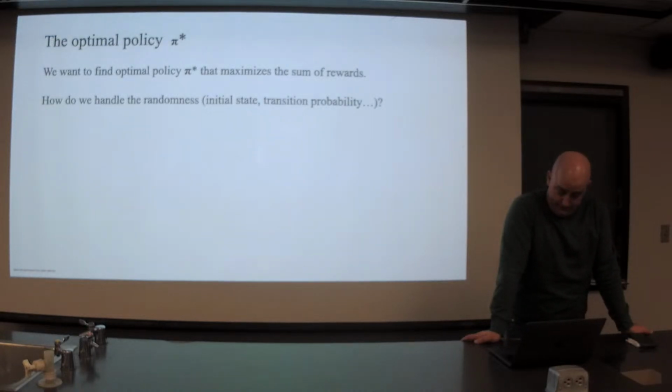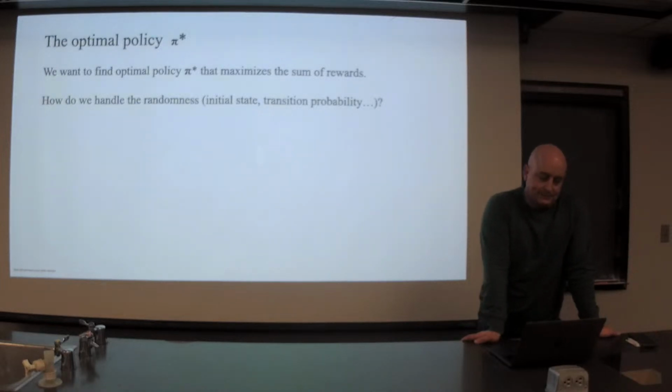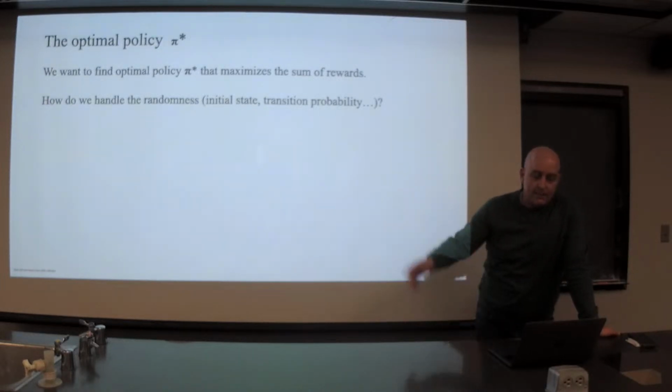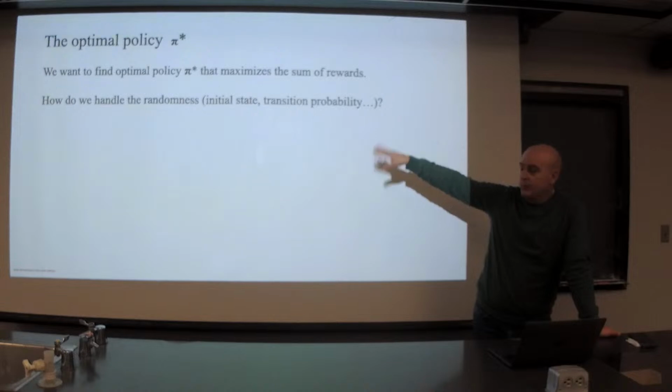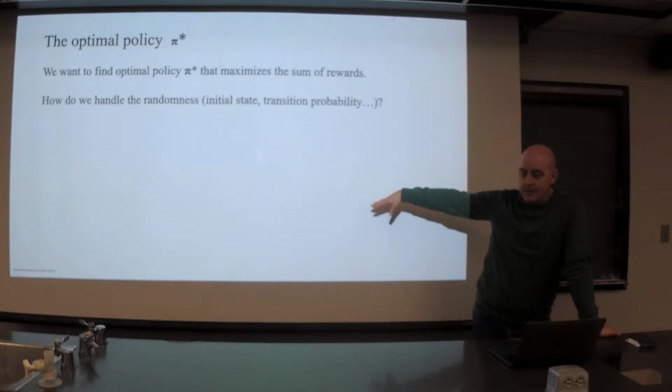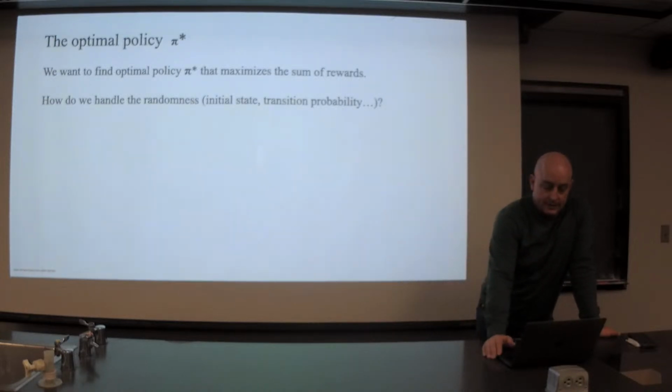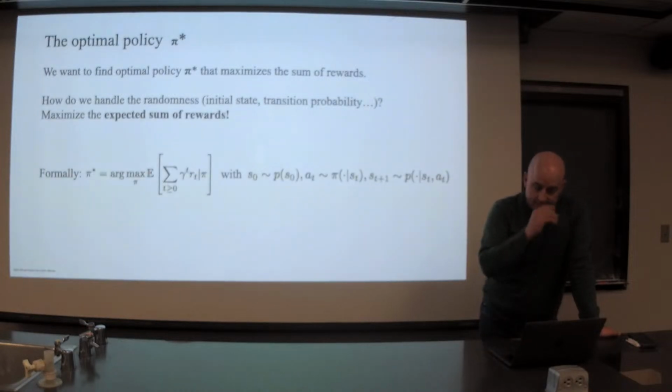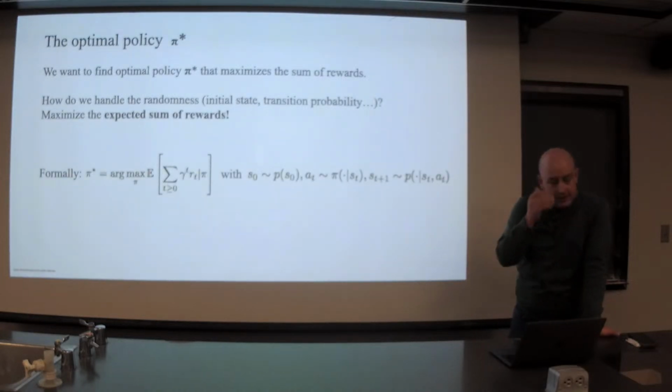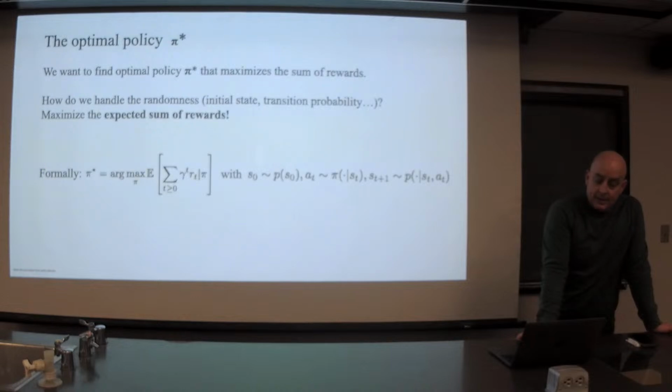But in these more complicated video games, what would this look like? Well, we're trying to maximize that cumulative sum of discounted rewards. And we have all this randomness to deal with: the initial state, the probability transitions, and so forth. So what exactly are we trying to maximize here?